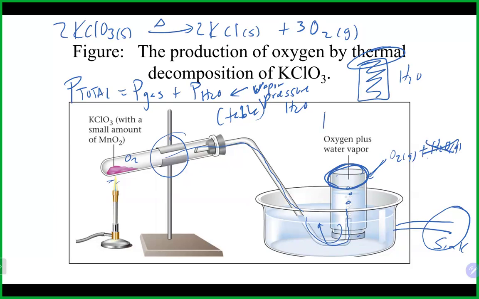And that would mean that the pressure of the gas we're interested in, which would be the oxygen in this case, would be your total pressure, which in the laboratory would be your barometer reading, minus the vapor pressure of water in this case. So the nice thing about this partial pressure is oftentimes it's used as a correction calculation, but it's basically just subtraction.